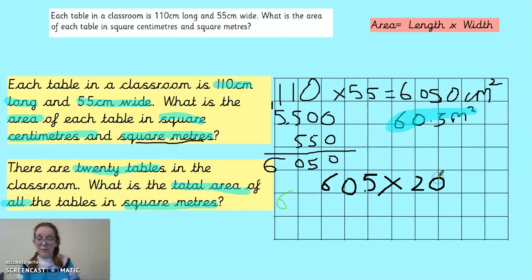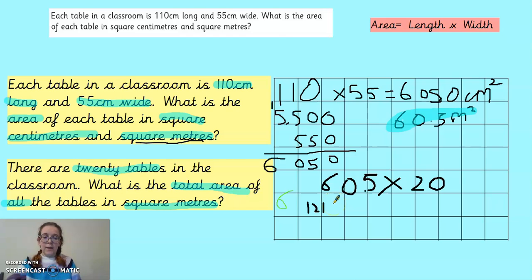Now you can do this in several ways. Again, I'm going to times it by 2 and then by 10, and that will be timesing it by 20. So 60.5 times 2 is the same as doubling: double 60 is 120, and then double my 0.5 is 1, so it's going to be 121.